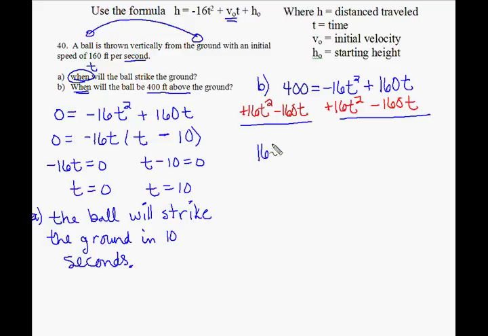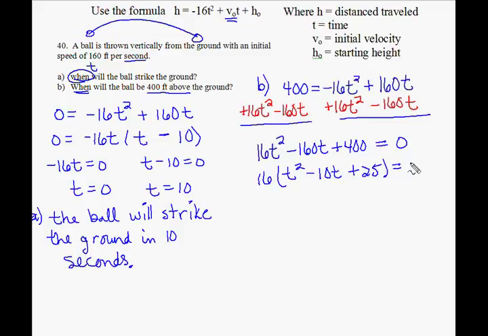We now have 16t squared minus 160t plus 400 is equal to 0. Let's make our life a little bit easier and factor out 16. So that'll give us 16 times t squared minus 10t plus 25 equals 0. And then we can factor that a little bit more.